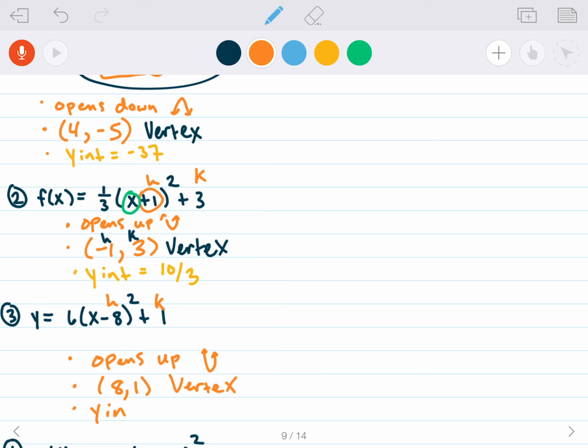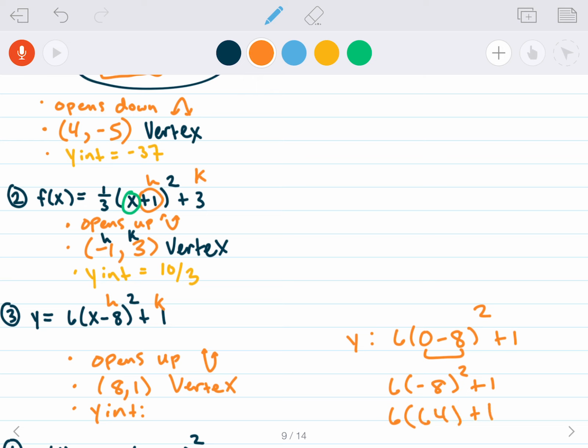And our y-intercept occurs when x is 0, so we have 6 times 0 minus 8 squared plus 1. And if I simplify, this guy is going to be negative 8. Negative 8 squared is positive 64.